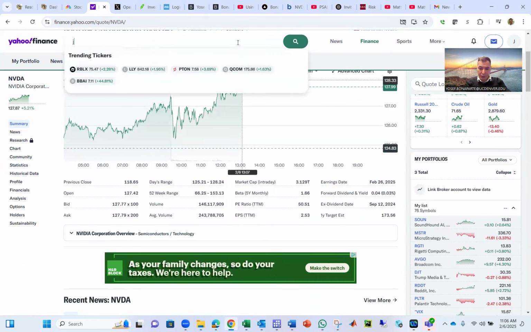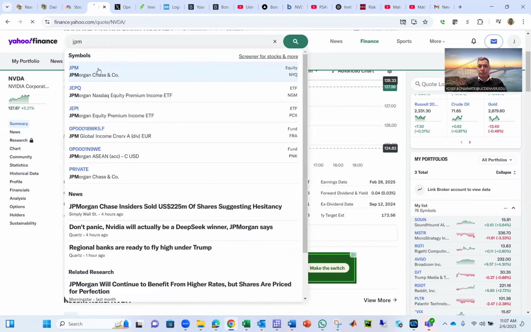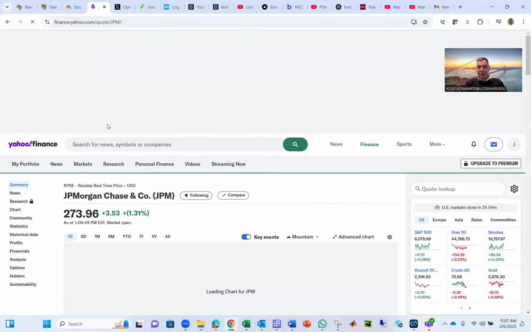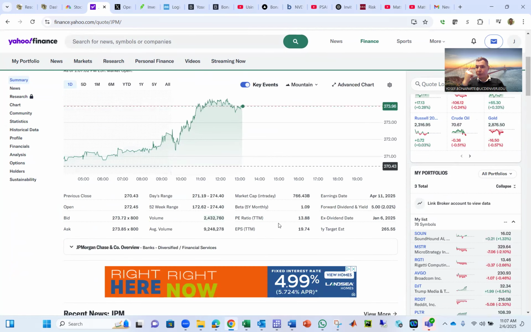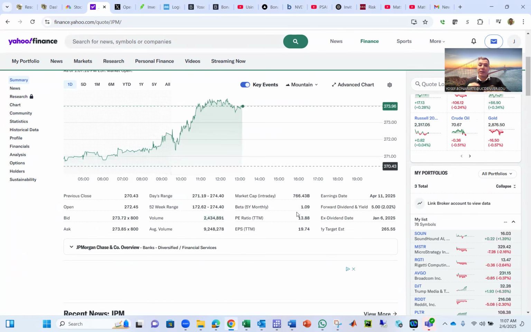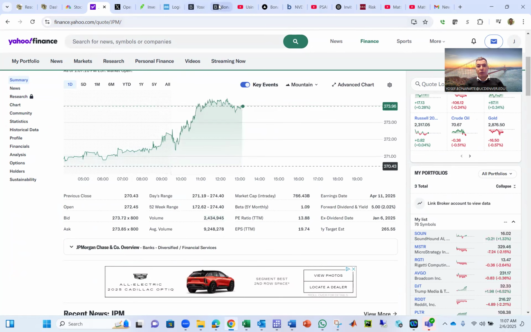But if you look at JP Morgan, which is a bank, for every $1 of JP Morgan earnings, investors are willing to pay only $13.88. But for $1 of NVIDIA earnings, they pay 50. Why? Because they believe the $1 of earnings for NVIDIA will multiply faster than for JP Morgan. There's more growth in NVIDIA than JP Morgan. That's the reason they're willing to pay more for NVIDIA.